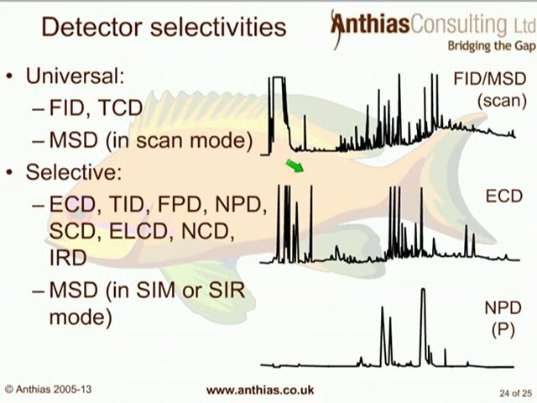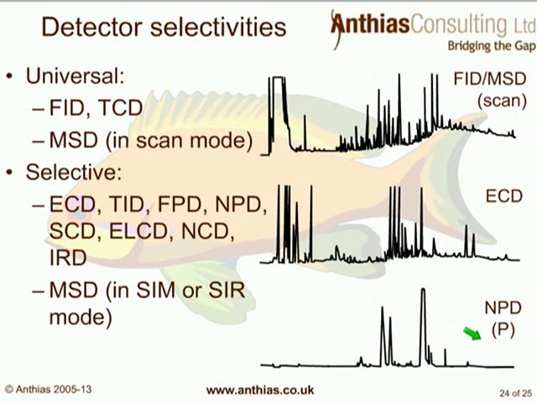But we could also use selective detectors. There's a range of different such detectors. Here it's an electron capture detector, meaning we can only now see analytes that are capable of capturing an electron. And these ECDs are really the most sensitive type of detector. Mass spectrometers are only now catching up with them in terms of sensitivity. We could also use a different detector, for example, a nitrogen phosphorus detector.